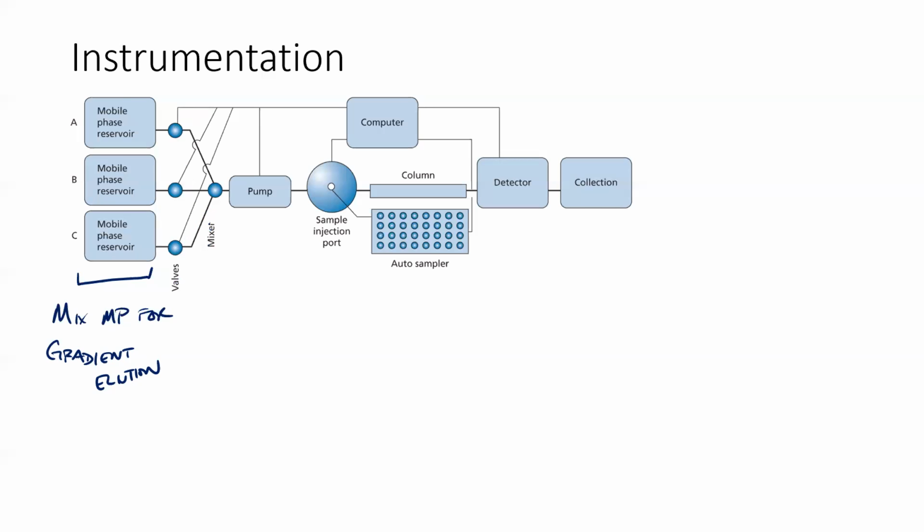You set these valves at certain ratios, and they pull a certain amount from each mobile phase reservoir, and then they're all mixed together before they go into the pump.